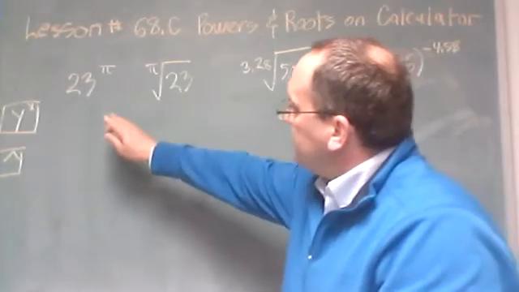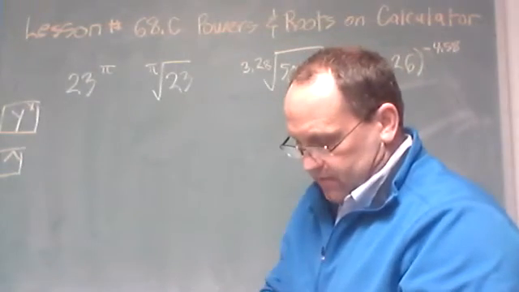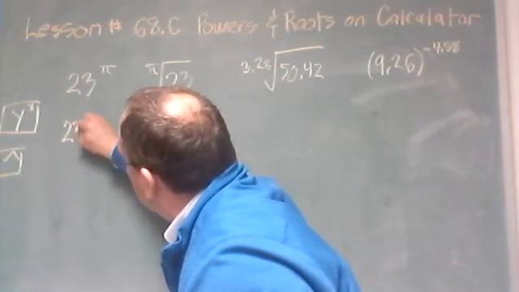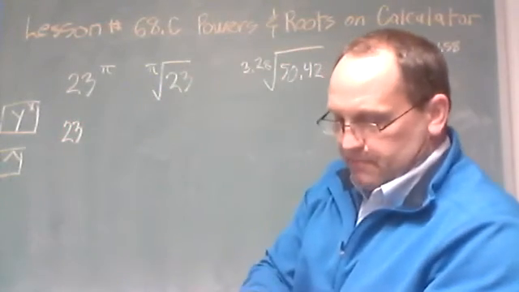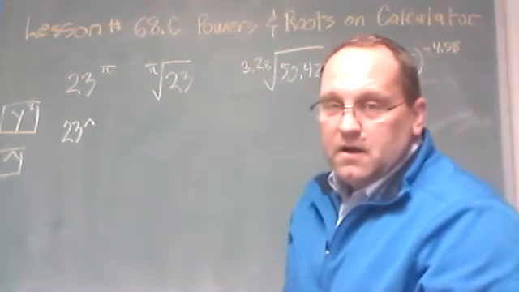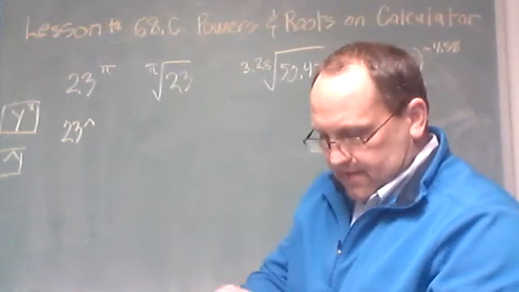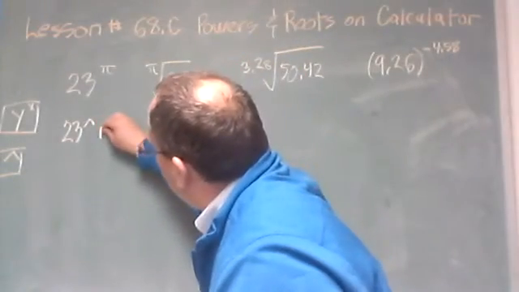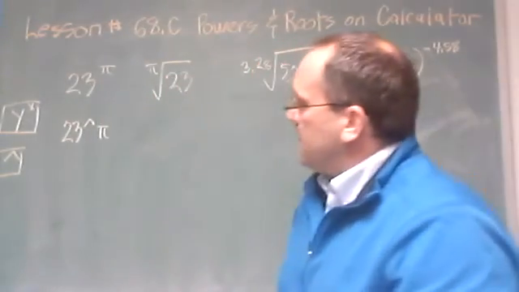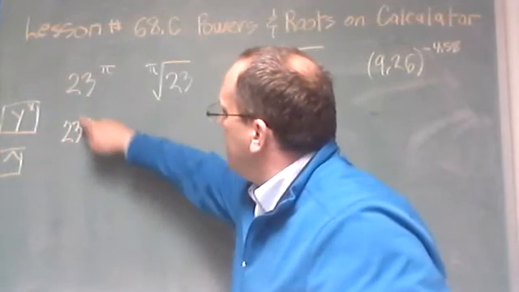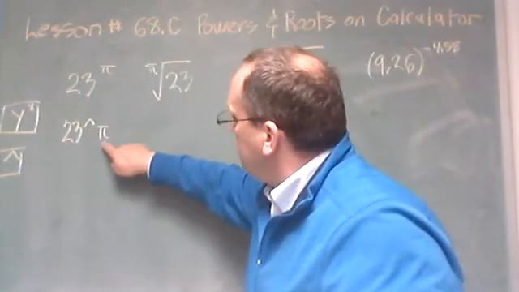So how I do this problem on my calculator, I would enter in 23. I would hit that caret button, and it gives me that caret symbol after the 23, and then I hit the pi button on my calculator. It gives me a pi in the lowercase, but actually what it means is 23 raised to the power of pi.